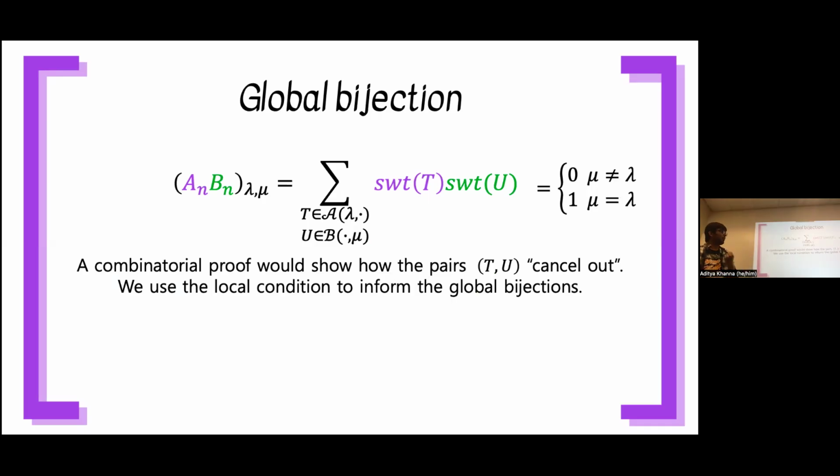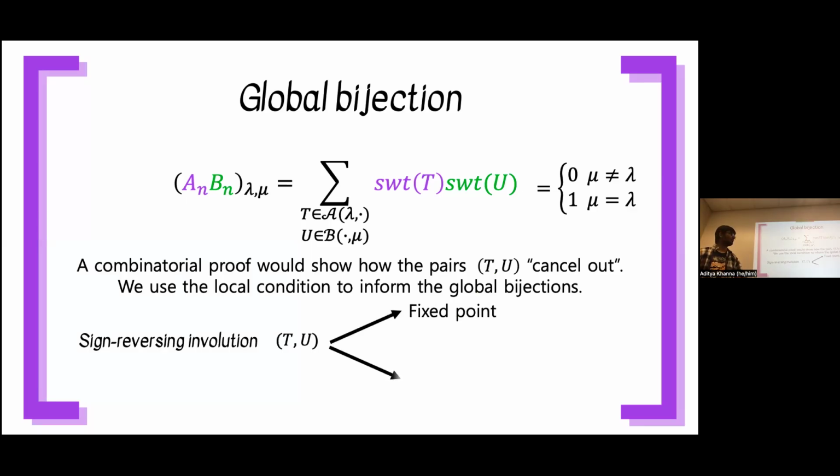So one way to do this is by using something called a sign reversing involution. We take a pair T comma U, and it can be a fixed one, which will be the diagonal entries, or it can change into an object that has the opposite sign of my starting object.